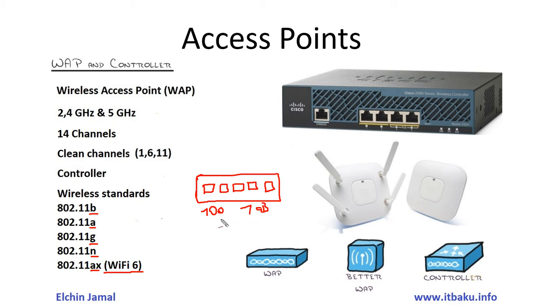If I connect some device here, for example my laptop, it can use the 100 megabit speed of this port. If I connect a second device to the switch, it can also use the full speed of its port, 100 megabits per second, at the same time.